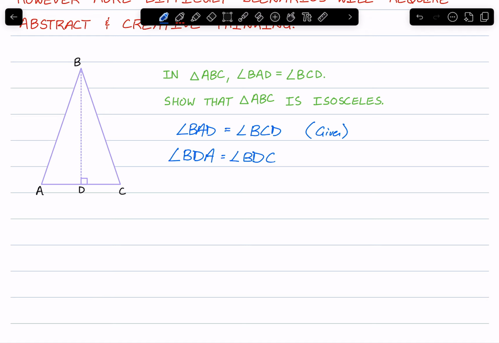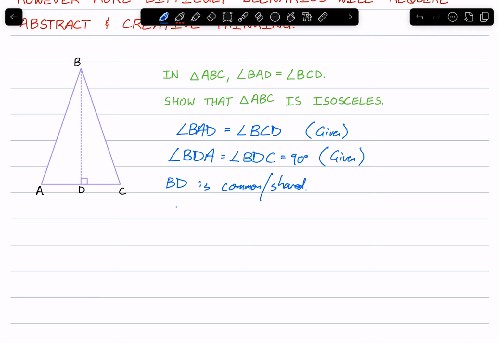We can say that's also given because of this 90 degrees here, so this is equal to 90 degrees. And lastly, we can see that this side is shared. Then we can say that BD is common, or you can say it is shared.